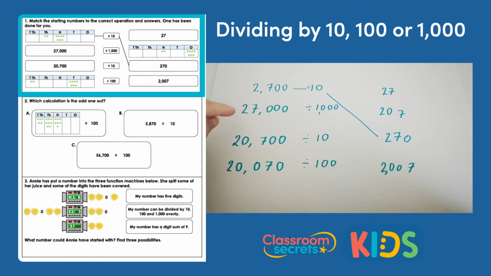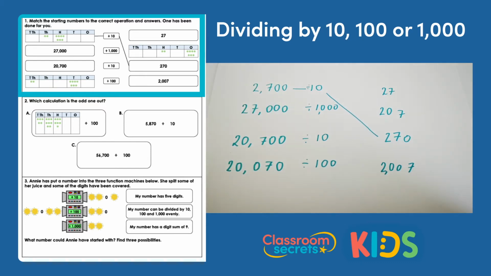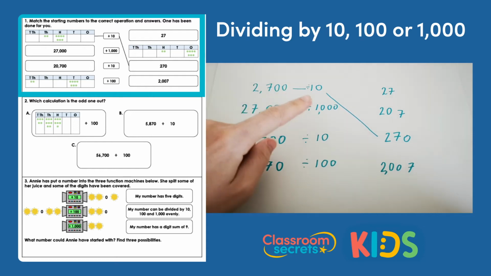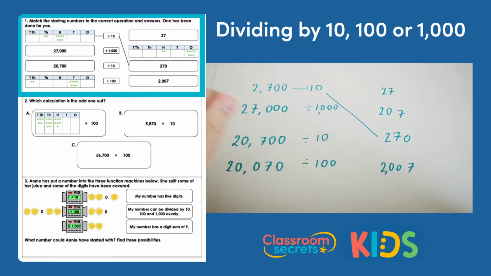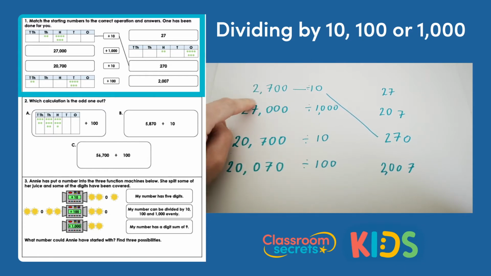So the first one I'll try is 27,000 divided by 1,000. 27,000 divided by 1,000 would mean that the numbers in 27,000 move down 3 places in the place value chart. So 7 would move down 3 to be in the ones place, and the 2 would move down 3 places to be in the tens place.